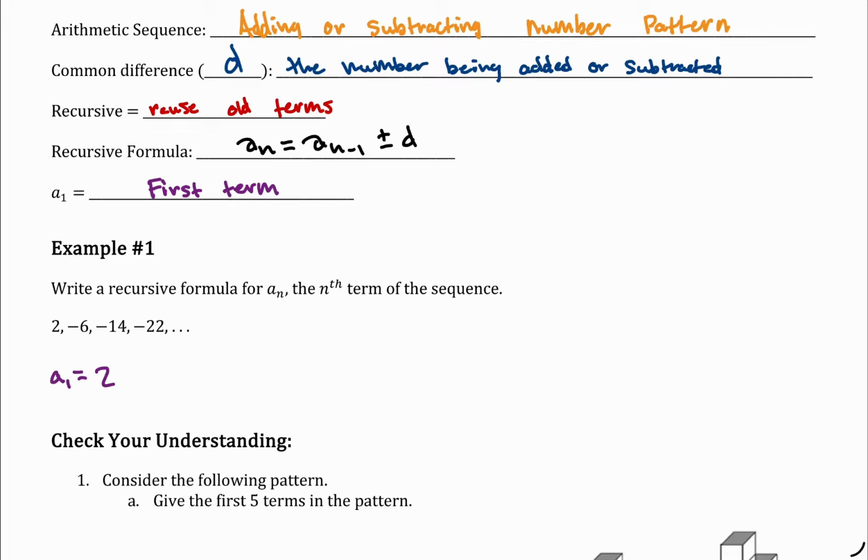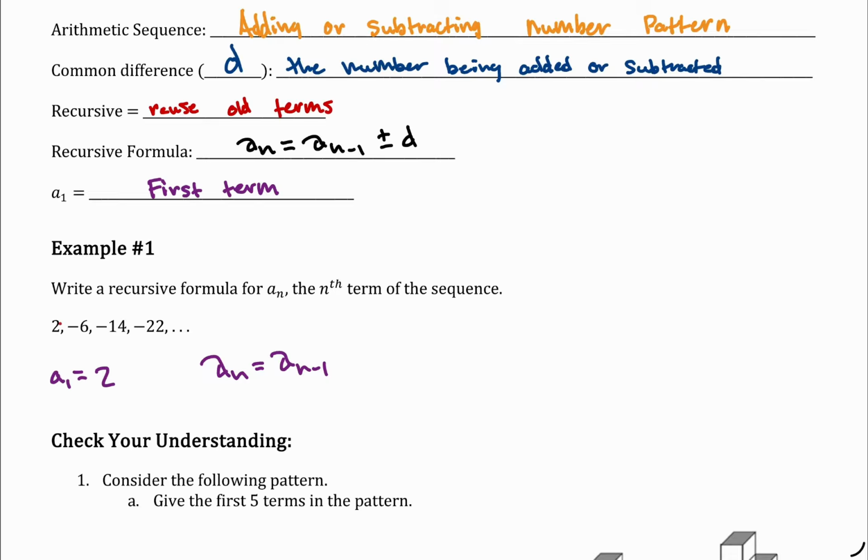Then we need to use this formula to make this into an equation. Okay? So we're going to say that our formula is going to have an a sub n. That's the new term. It's going to be equal to the previous term, a sub n minus 1. And now we need to figure out what is our difference. Okay?